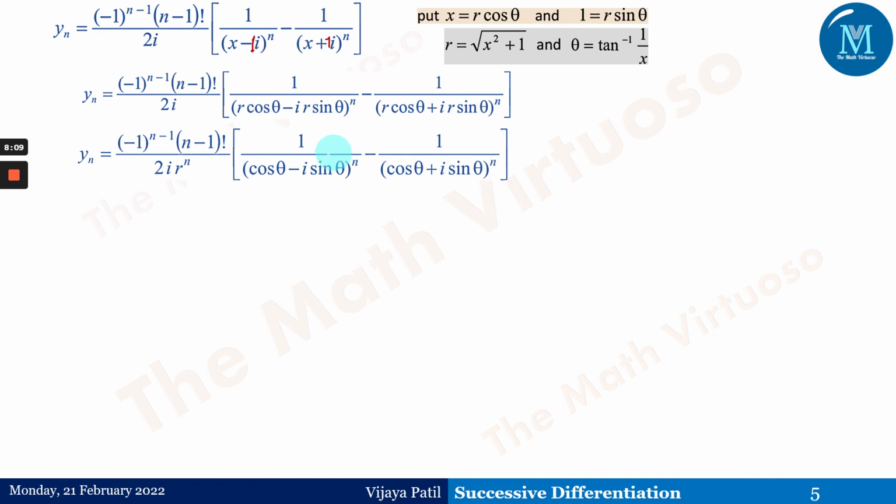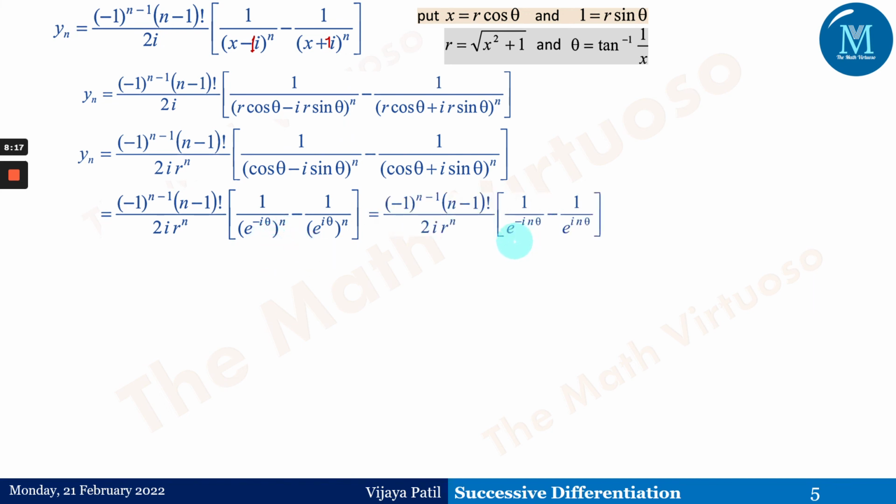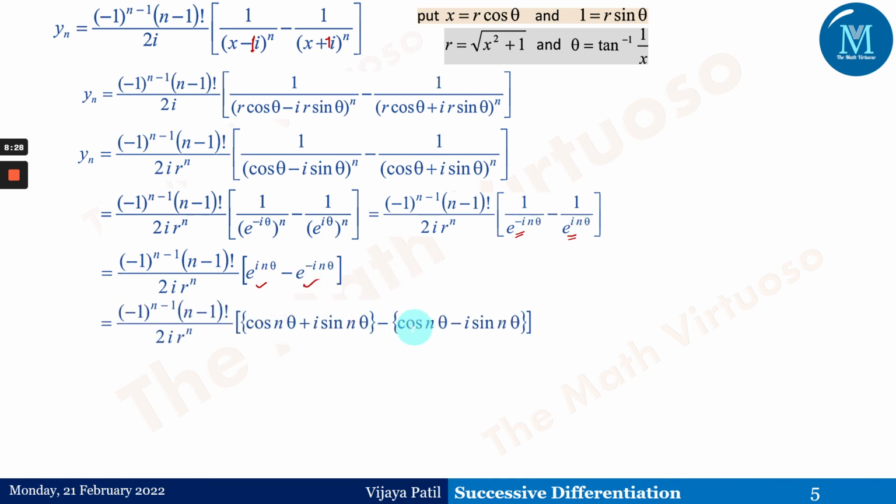What we have done in the last step is take r to the power n out from both the brackets and go to the exponential terms. After going to the exponential form, we have to take this exponential term in the numerator. So this particular minus becomes plus over here, and this plus becomes minus over here. Again going back to the cos and sine terms, the cos n theta will go off from here, and you remain with 2i sine of n theta.